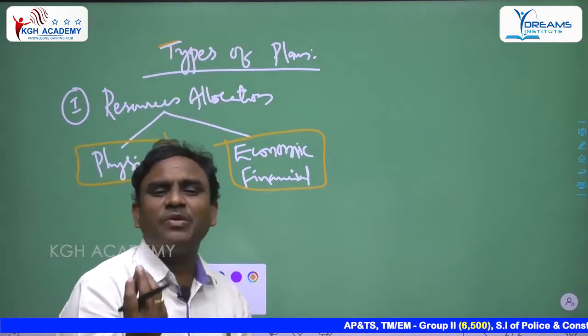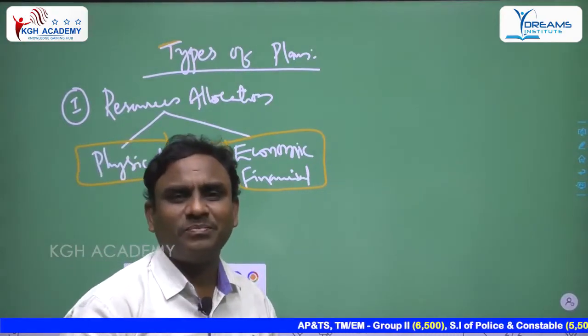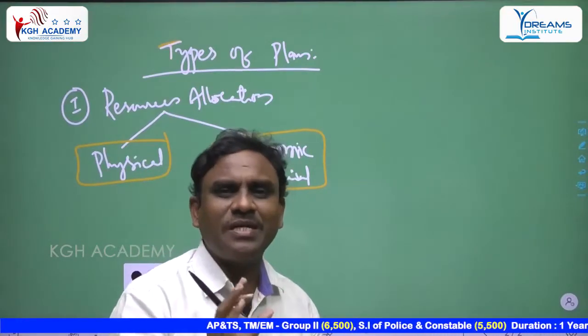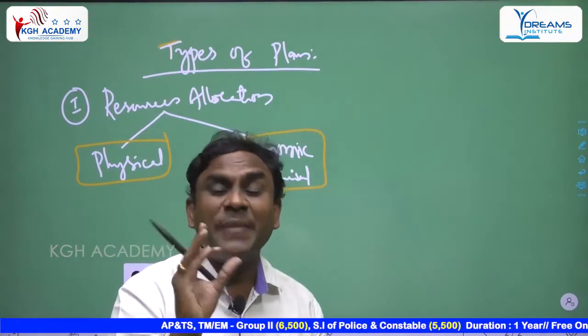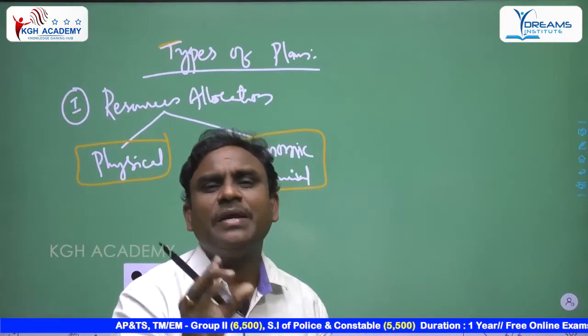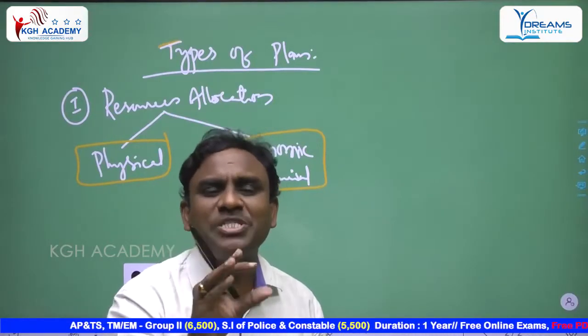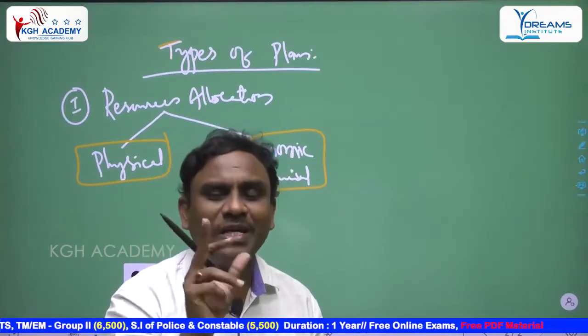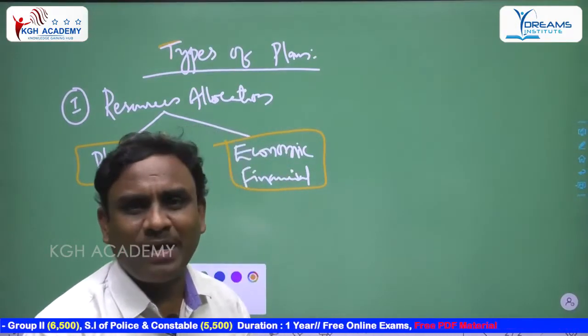What is meant by physical plan? Allocation of the resources in terms of men, machinery, material, raw material, manpower, labor force. That is called physical plan.